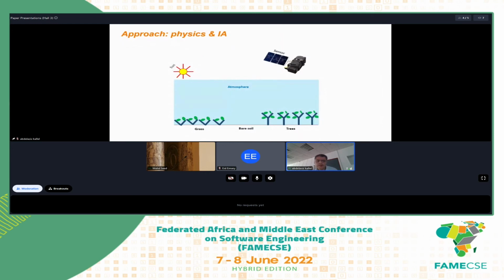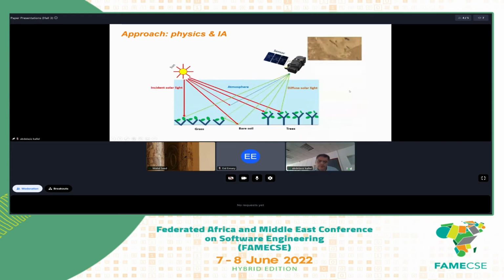So how to solve our problem? Our approach is based on physics and artificial intelligence. If we have a scene composed of trees, grass, bare soil, and the atmosphere, it is sunlit by the sun and observed by the sensor. The radiation is propagated from the sun and reaches the different elements.